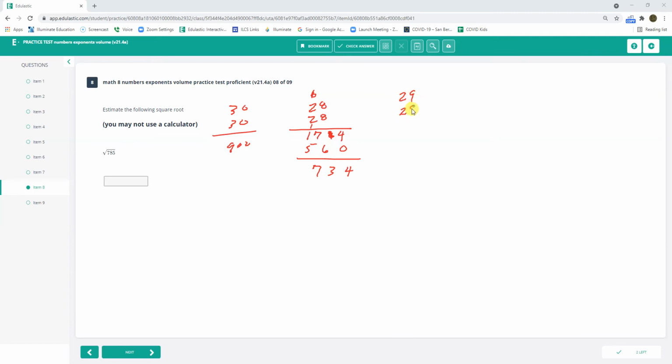29. 9 times 9 is 81. 2 times 9 is 18, plus 8 is 26. 2 times 9 is 18. 2 times 2 is 4, plus 1 is 5.